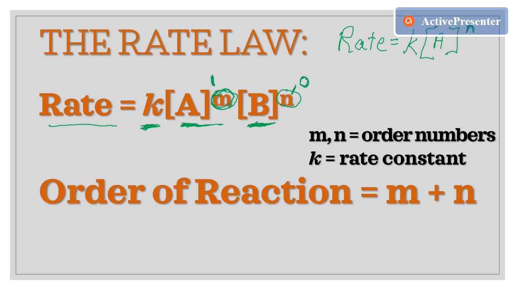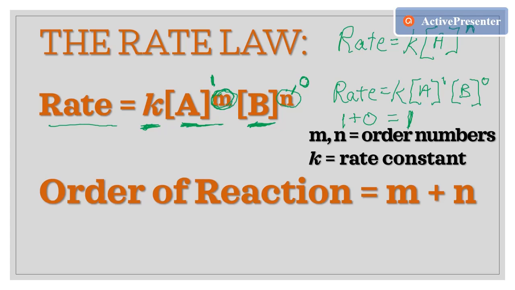So we would have rate equals k [A]^1 [B]^0. We would take that 1 and that 0 and add them together, and we'll get 1.